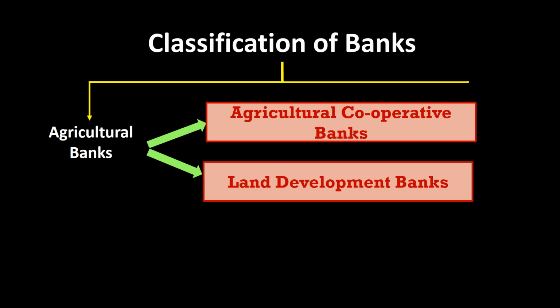For these purposes, the agricultural cooperative bank provides short-term finance. And the land development banks provide long-term finance to the farmers for the purchase of agricultural machinery, installation of pump sets, construction of irrigation works, making improvements on the lands, repayment of old debts, etc.